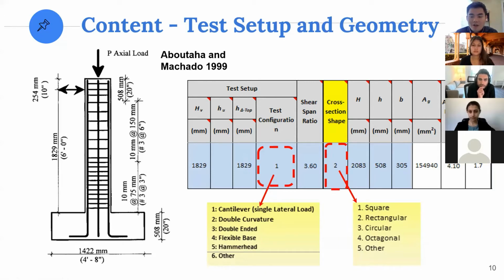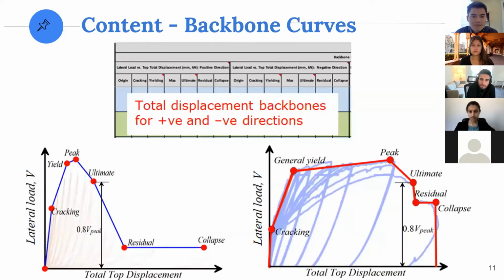And then there is also other information not shown on the slide, but we also recorded. For example, the spacing of the transverse reinforcement in the plastic hinge region, and then how the longitudinal reinforcement is developed into the base. For example, in this one, we have a 90-degree angle hook right here. Those are the information we also record, and we also record the axial load and the lateral load.